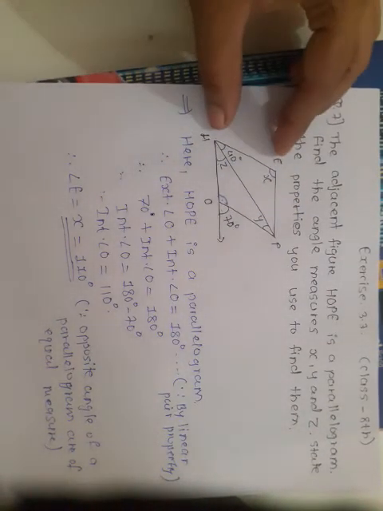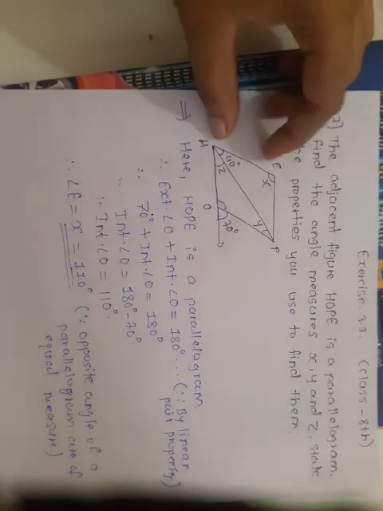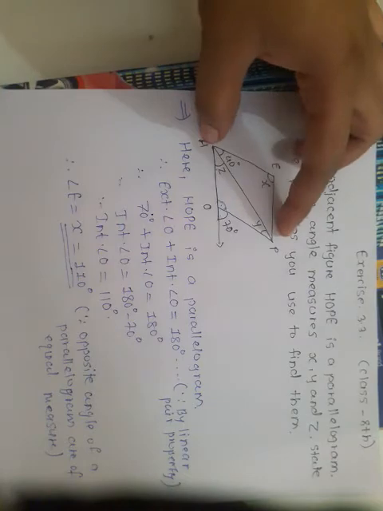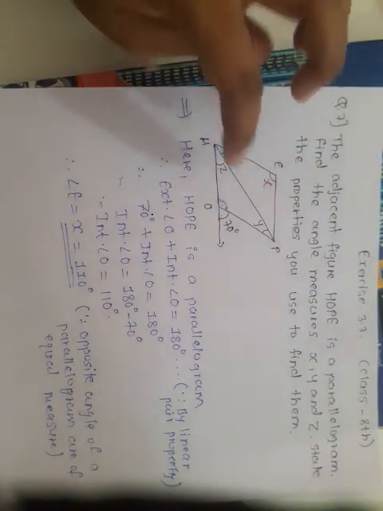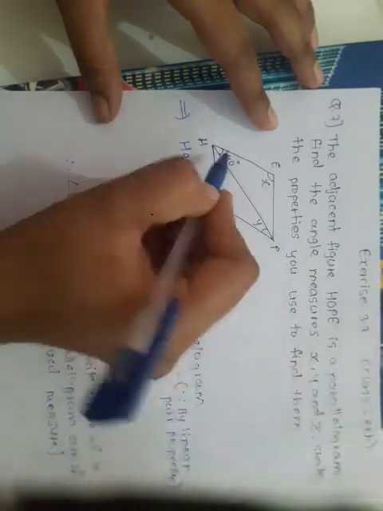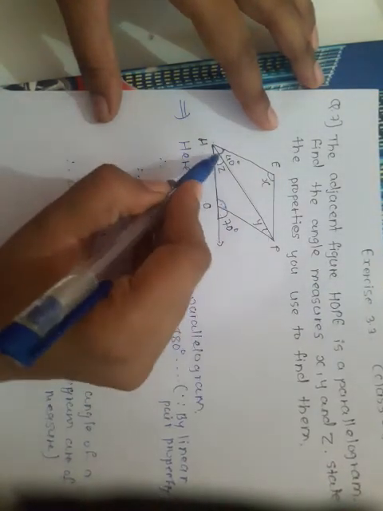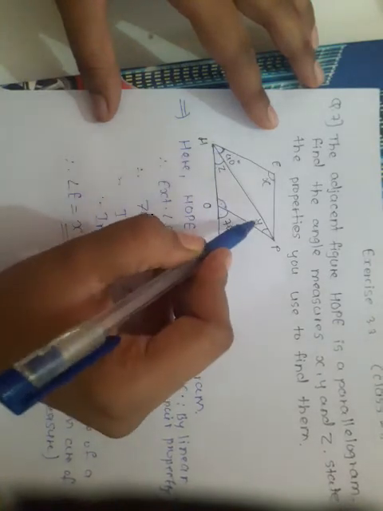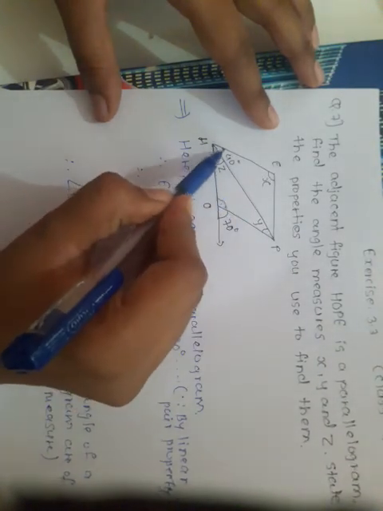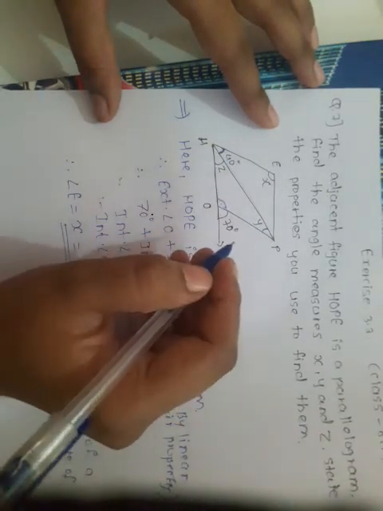So HE is parallel to OP and HP is a transversal. You have seen this last year. The angles formed by this transversal are alternate interior angles. This angle of 40 degrees and this angle y are alternate interior angles, since HE is parallel to OP and HP is a transversal.